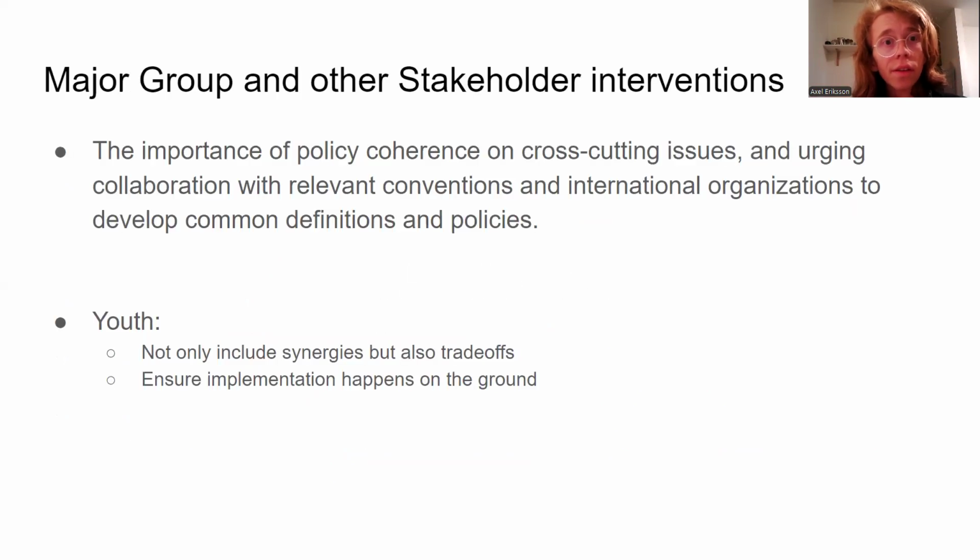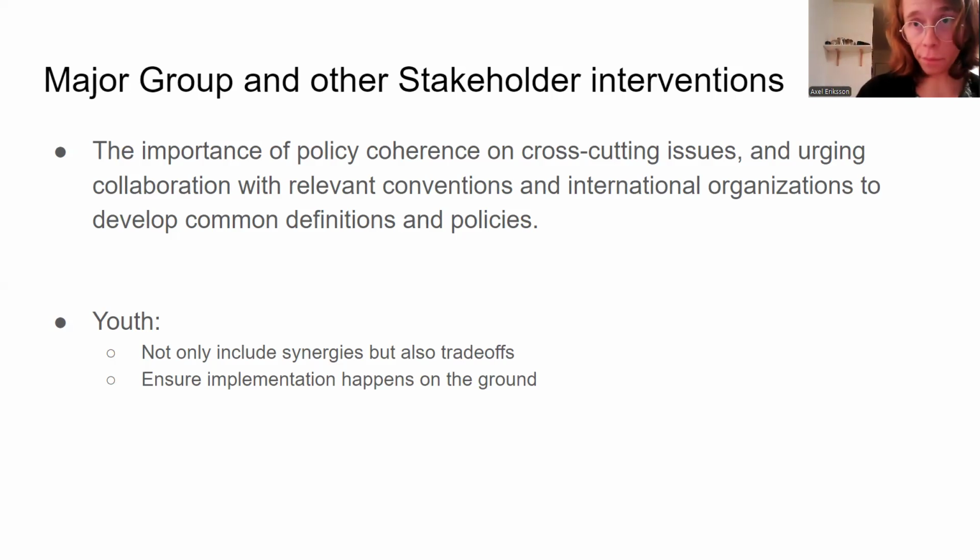And with this, I also wanted to mention that we as GYBN and other major groups and other stakeholders have made interventions on the topic. So a very common thread is the importance of policy coherence on cross-cutting issues and across these different bodies which work on biodiversity, and making sure that the relevant conventions and international organizations develop common definitions and policies.